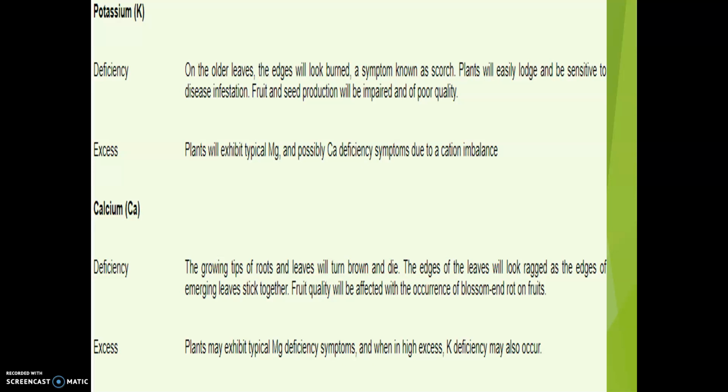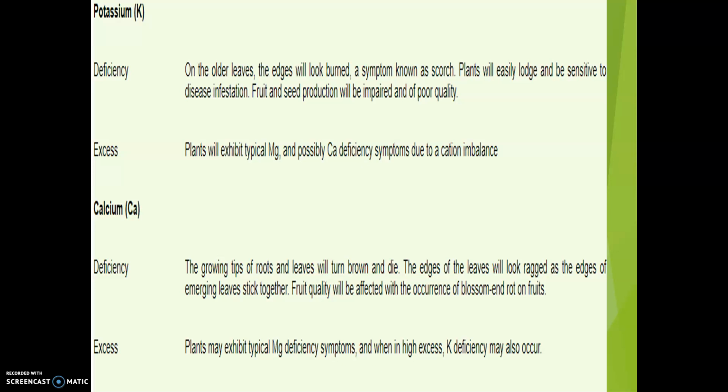So the excess will also cause some deficiency of magnesium and calcium due to the cationic imbalance. That is, high levels of potassium reduce magnesium and calcium. Then it may sometimes affect iron, copper, manganese and zinc uptake. Then the boron levels can either be low or toxic due to this excess or toxicity of potassium.